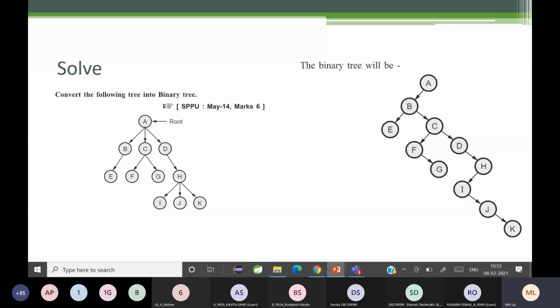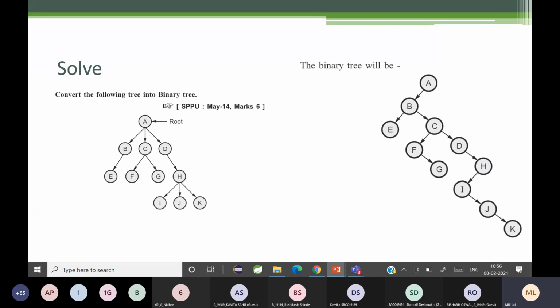That was your doubt, no? I will confirm it and let you know tomorrow how they got it like this, because they have directly taken it as a right child, but it cannot be a right child. Then H should be at the root node. It cannot come like this.